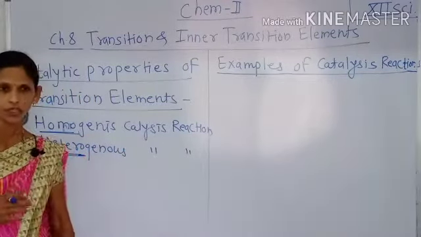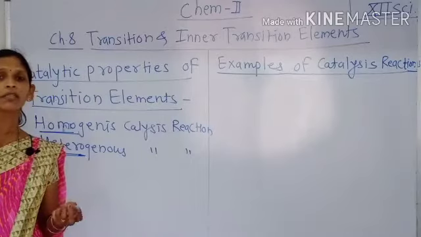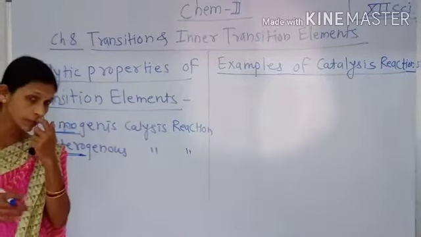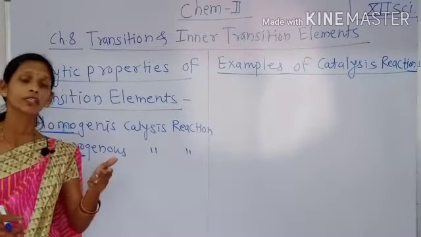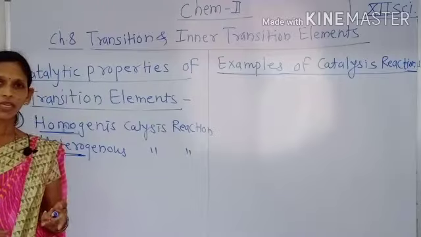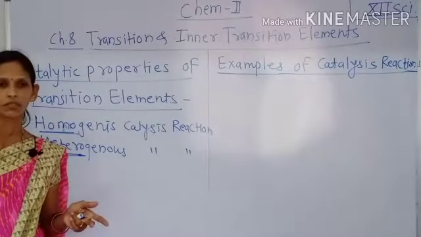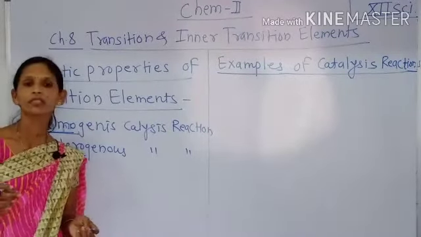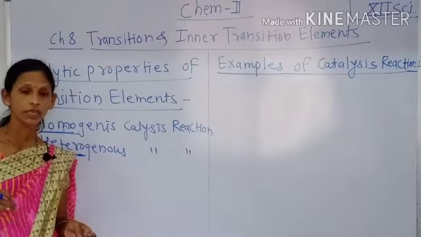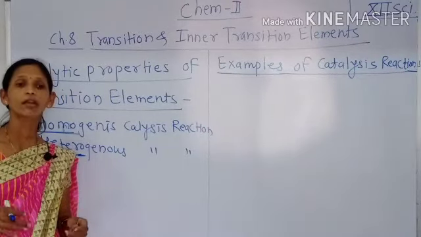They have the ability to participate in the steps of the catalytic reactions, and they themselves undergo oxidation or reduction by exhibiting variable oxidation states. Therefore, the oxidation state of the metal ion changes and the catalysis reactions occur.